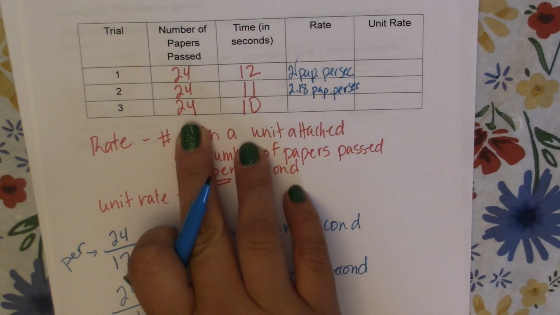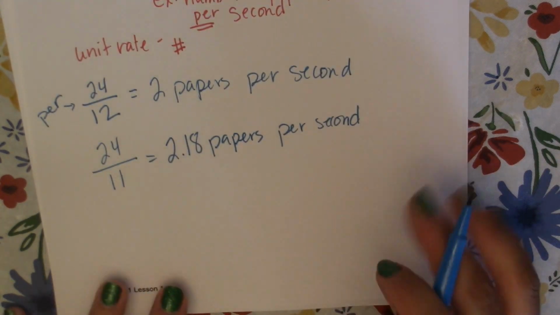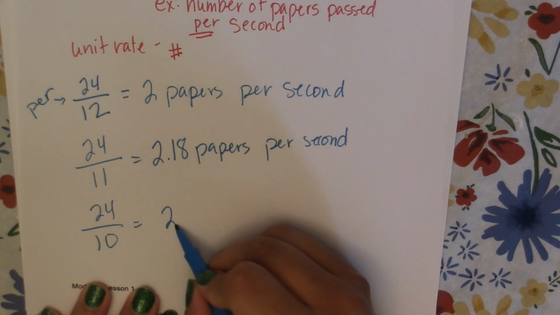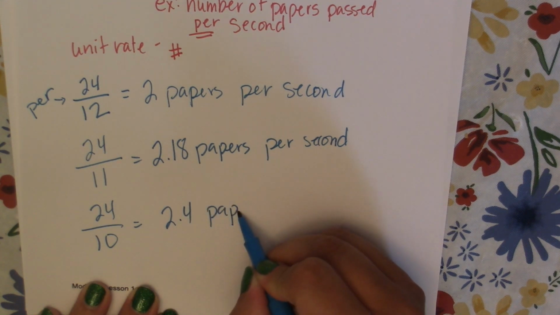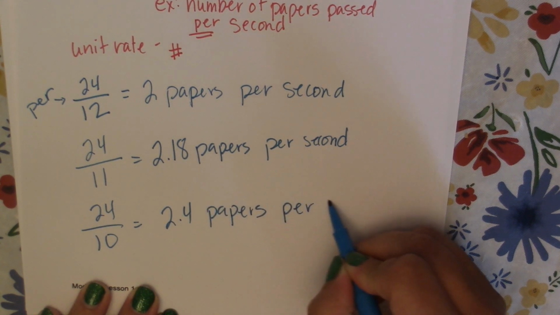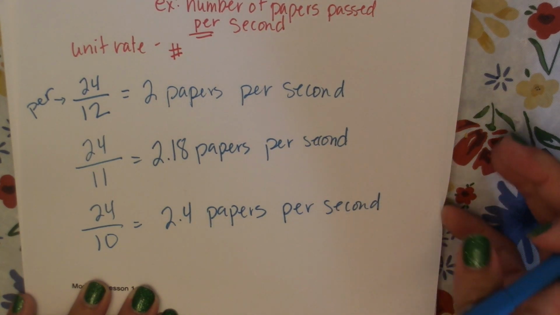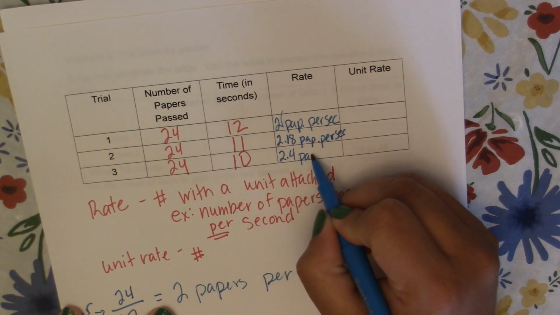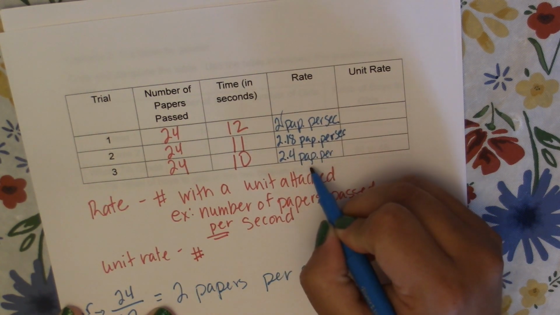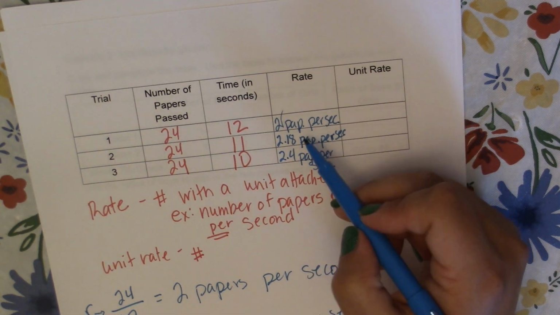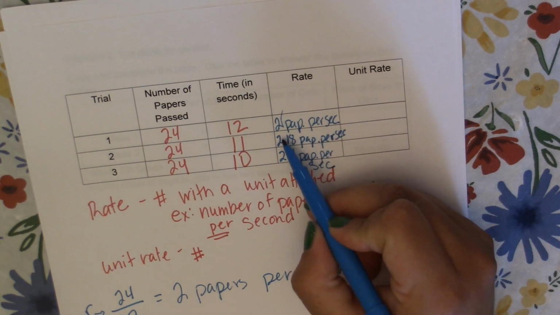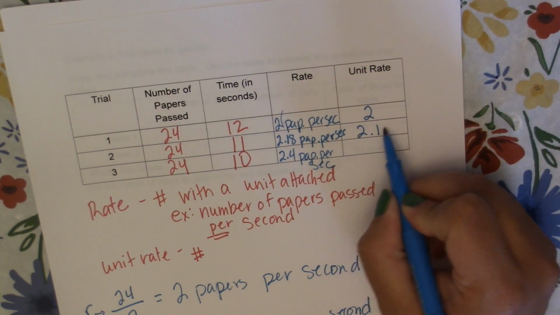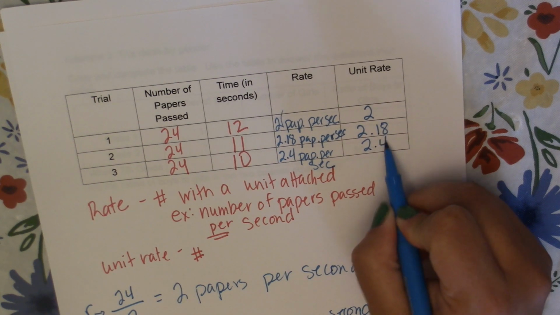And then our last trial, 24 to 10, which is 2.4 papers per second. So I'm going back up to my table to enter that in. To write our unit rate, we're looking at the number, or the value: 2, 2.18, and 2.4.